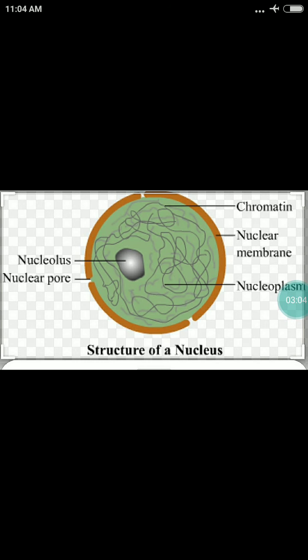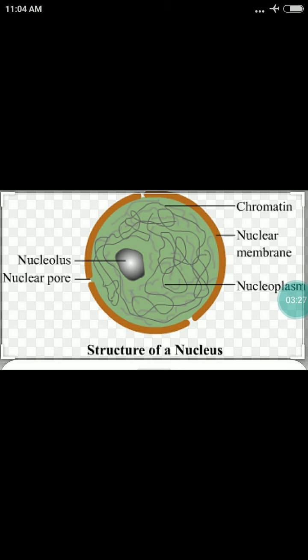Nuclear membrane is a thin porous membrane that separates the nucleus from the cytoplasm. A jelly-like substance called the nuclear sap fills up the nucleus. Inside the nucleus, a small spherical body called the nucleolus is present.